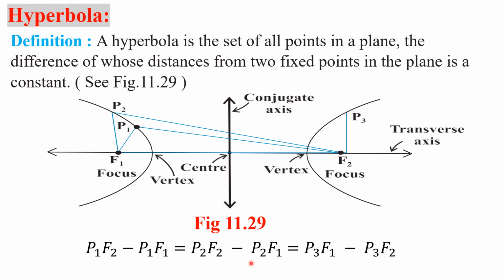This is the definition of the hyperbola. Understood this statement, my children? The difference of whose distances from two fixed points in the plane is constant. This difference, and this difference, all these differences are equal. Okay, my children, understood this point? Right.